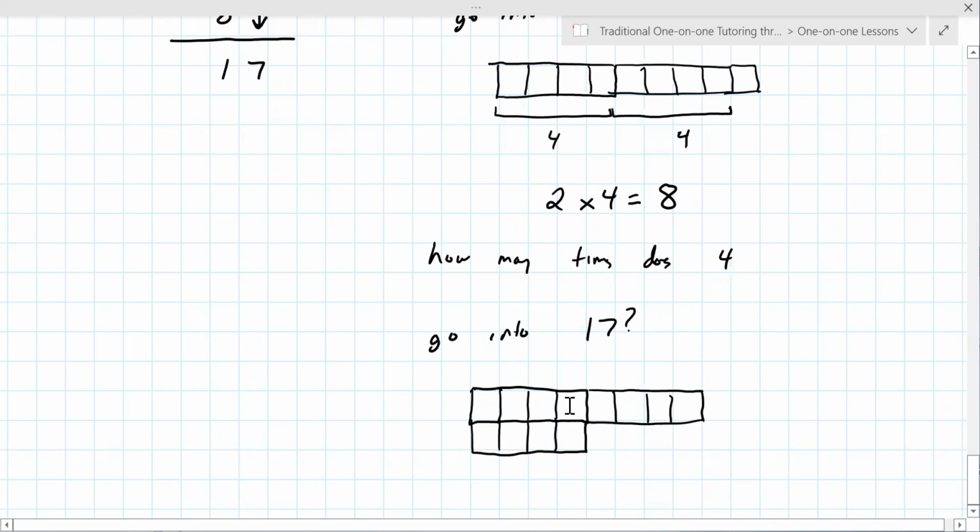How many squares do you see here? 4, 4, 4. How many is that? Nope. You're counting the squares, Michael. Just counting them. 4, and then 4 more, and then 4 more. You're just counting, Michael. 1, 2, 3, 4. Just count.